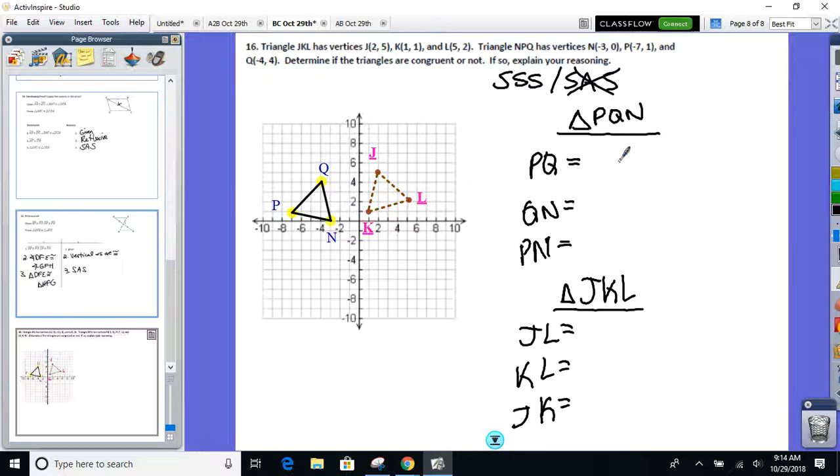All right, so I will put the answers up here while you continue to work. Do we need a reminder of the distance formula? Big square root, x2 minus x1 squared plus y2 minus y1 squared.